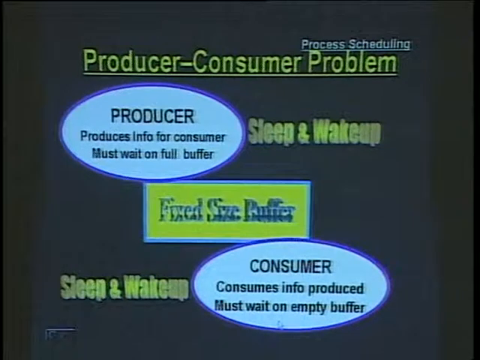Computer scientists have developed an algorithm called sleep and wake up. When the producer process comes and sees that the buffer is full, it goes to sleep. And when some information is removed from that buffer, the wake up system call awakes the producer process.